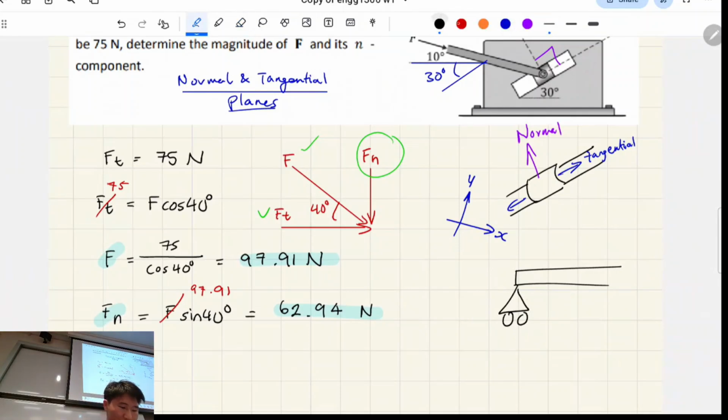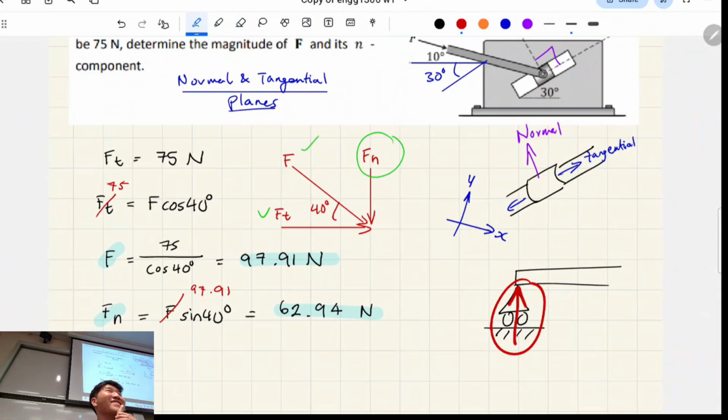Because what happens is this support, it's called a support. It has a vertical reaction if this is a beam that's perfectly horizontal. However, it's free to move left and right. So I guess this is a normal force.